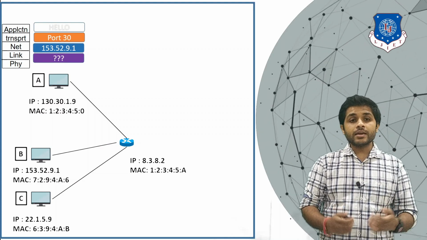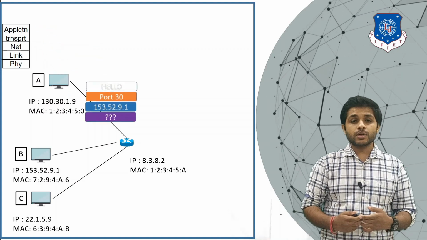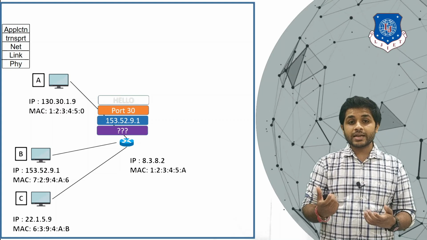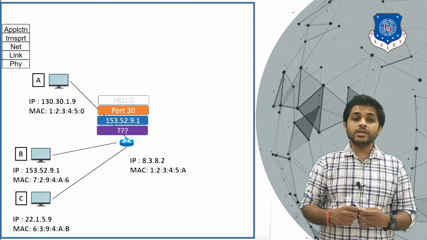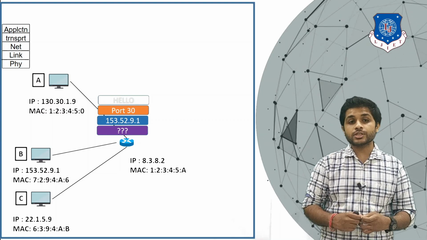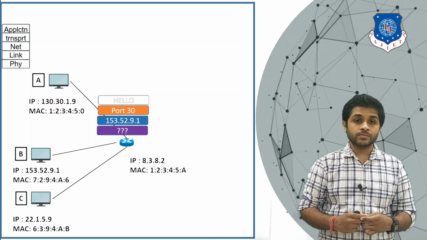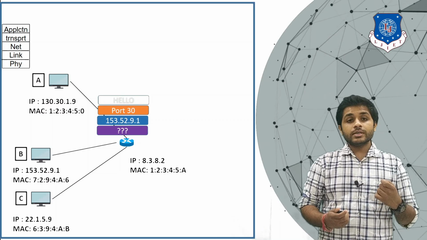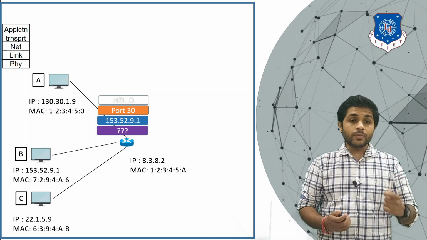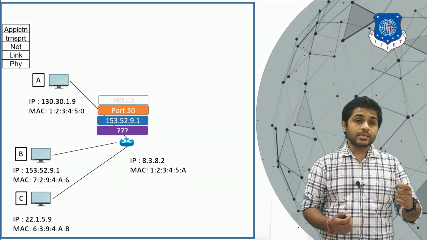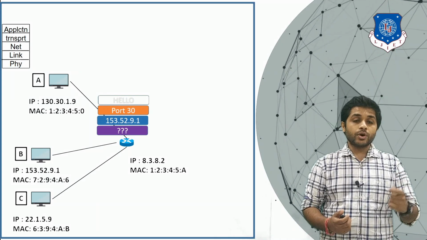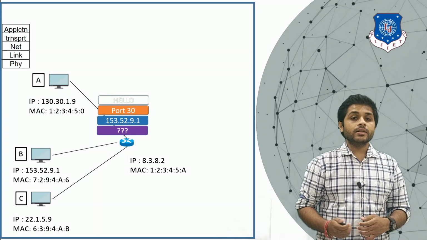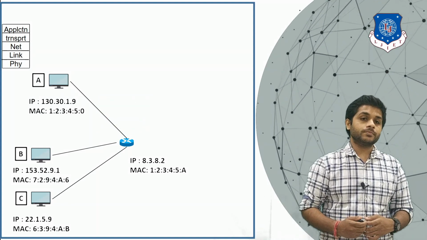So if A forwards this message to the router, because the router doesn't know the MAC address in the packet, the router is not able to forward the message to the appropriate destination. So this is the problem. Device A should know the MAC address and IP address in order to send the message, and that is why we need the Address Resolution Protocol.